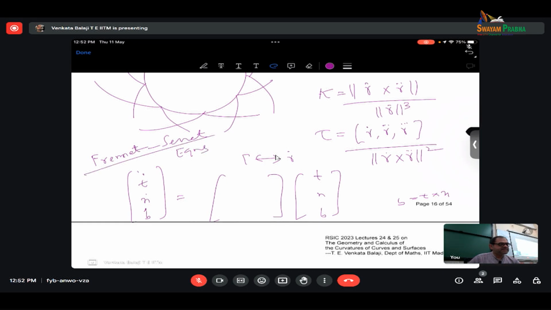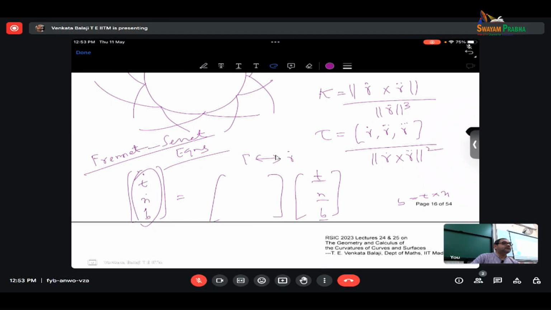And what it says is, this is the rate at which the unit tangent vector, the unit normal vector, and the unit binormal vector are changing with respect to the original tangent, normal, and binormal. You must understand that T, n, and b are vectors, therefore the derivatives are also vectors, but T, n, and b also form a basis.